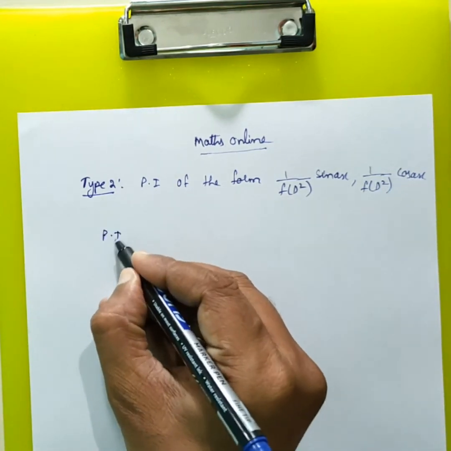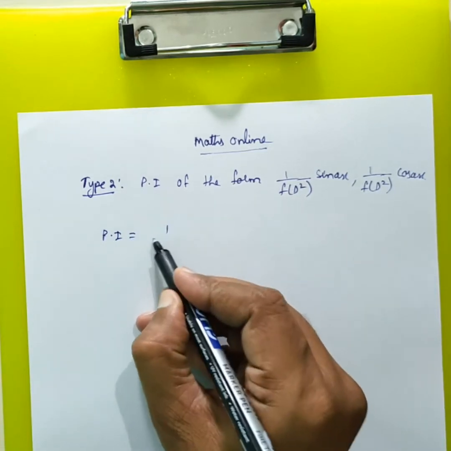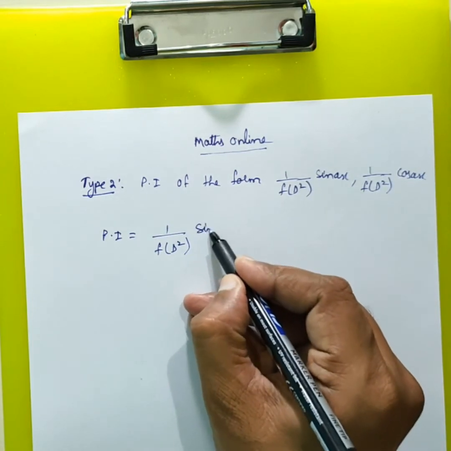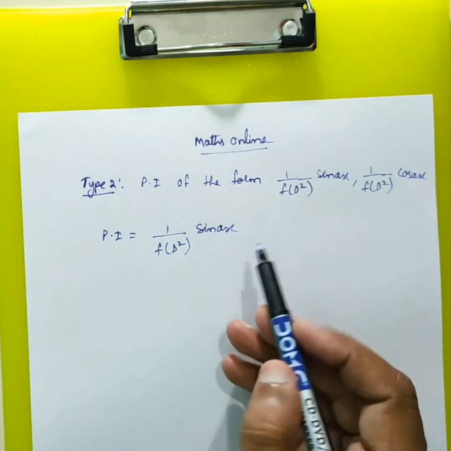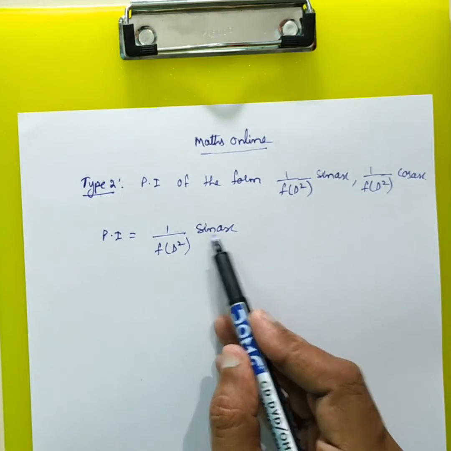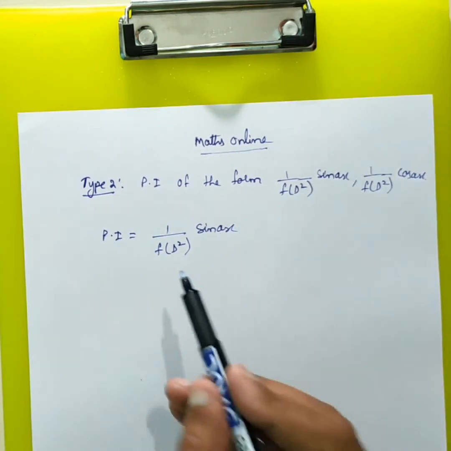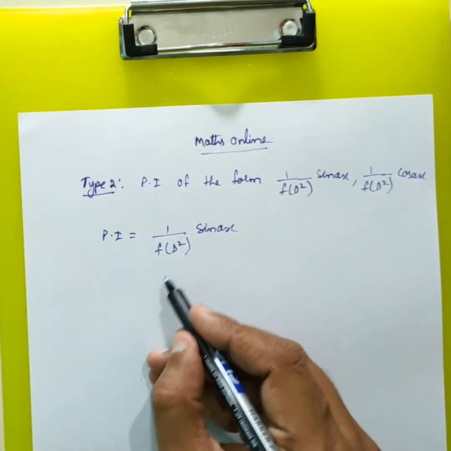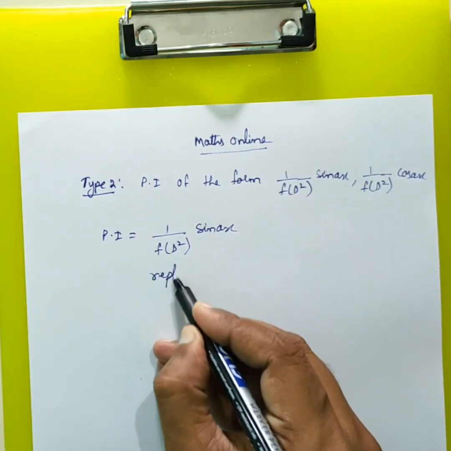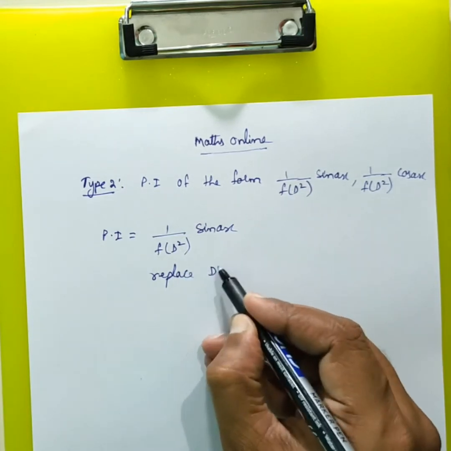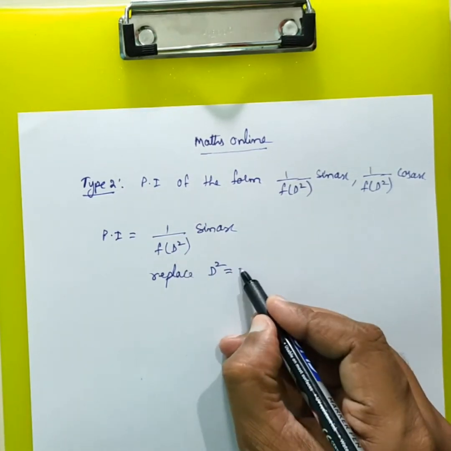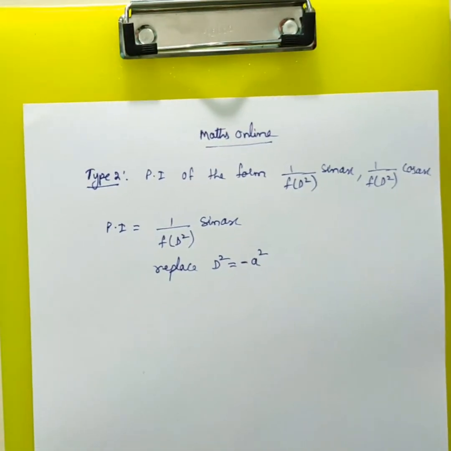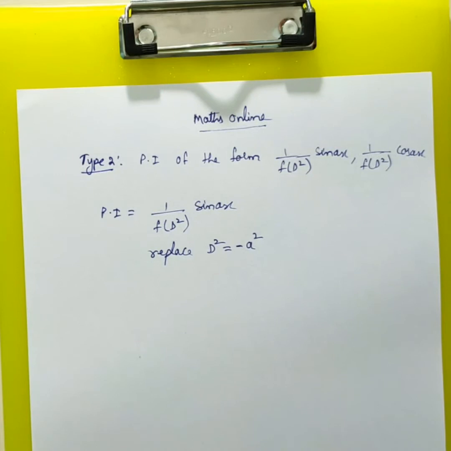So the particular integral of 1 by f of D square times sin ax. Whenever you have the trigonometric function sin ax or cos ax, we'll adopt this procedure. We replace the value of D square by minus a square.